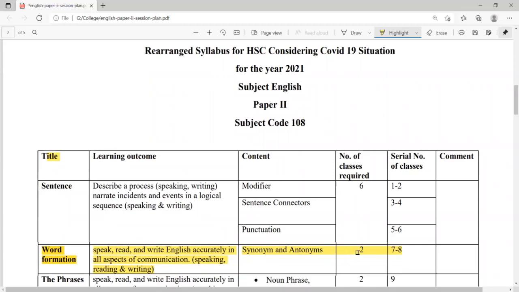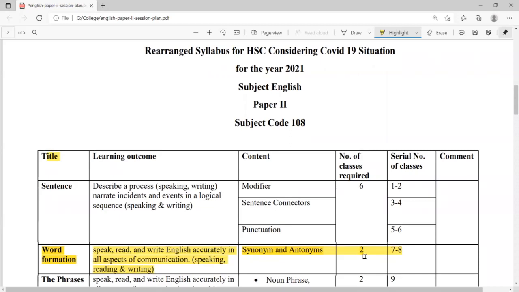And you'll also see, if you look at the syllabus, that for the topic of synonym and antonyms, you have been given only 2 classes. That is, within 2 classes, I have to complete the topic for you.